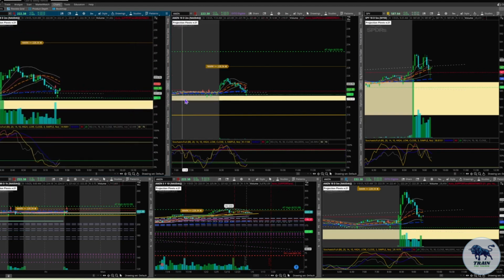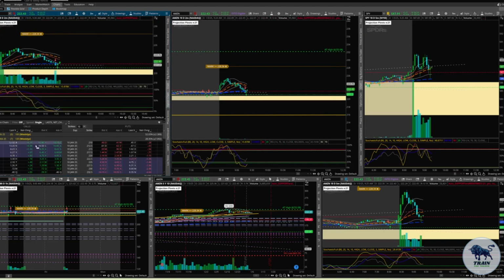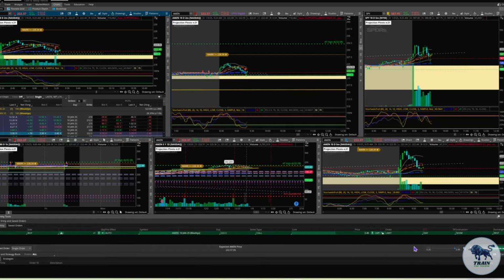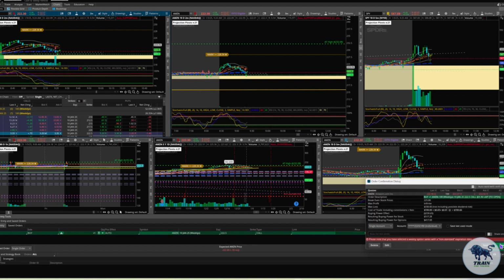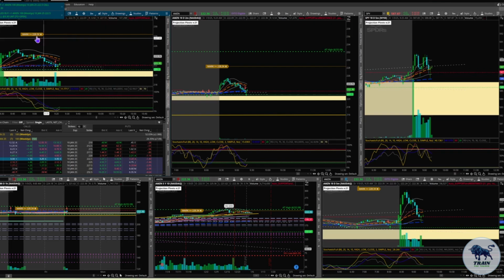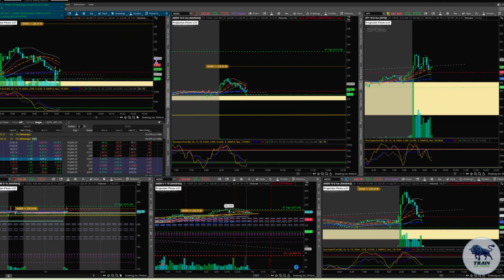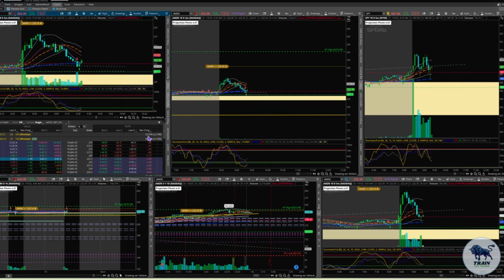I'm looking at the 222s options chain. I'm gonna go next week so I can buy myself some time. The 222.5s are 3.40. Damn, they're expensive. So I'm gonna put in an order to try to get one of these at 3.30. See if that fills. Okay, I just got filled. You see it? That quick.